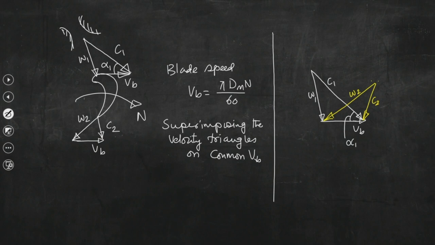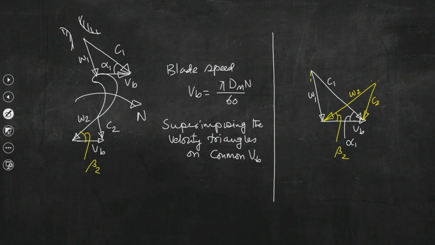So, you know that we have drawn. Now, this angle is beta 2, that is the blade angle at the exit, and if we draw here, this angle is beta 2 and this angle is beta 1.